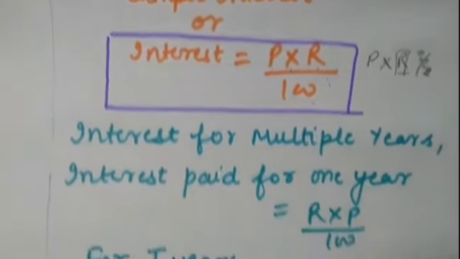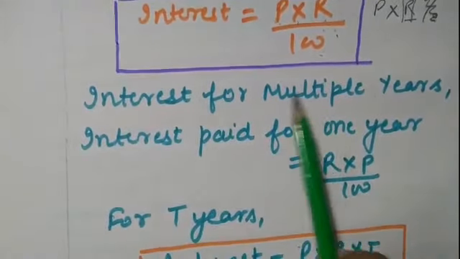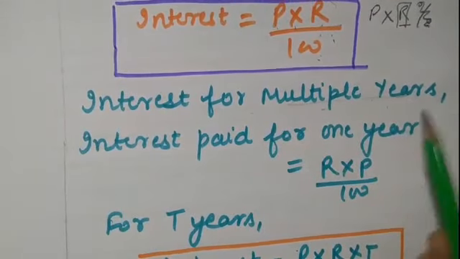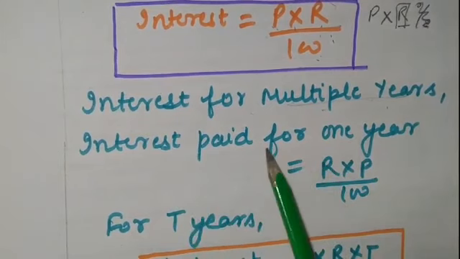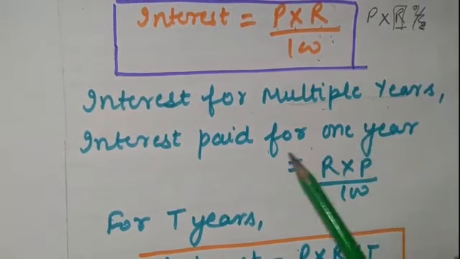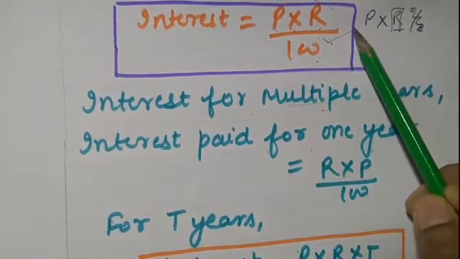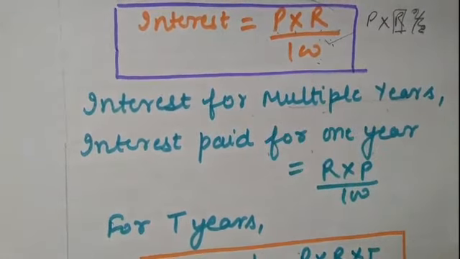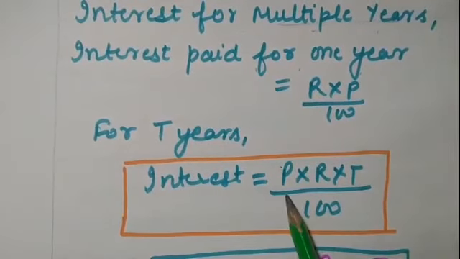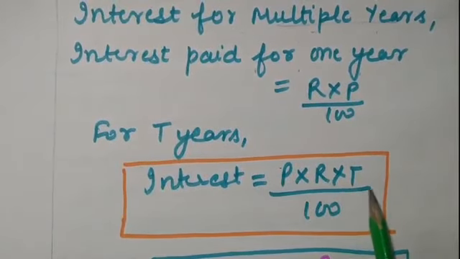Suppose you have to calculate simple interest, or you can say interest, for multiple years. Multiple years means more than 1 year. Interest paid for 1 year, this we have done. And if you have to find interest for multiple years, suppose for T years, then interest can be given by P into R into T over 100.